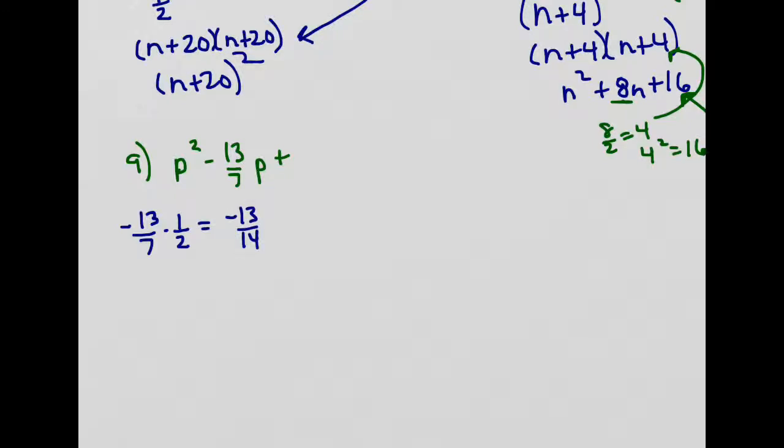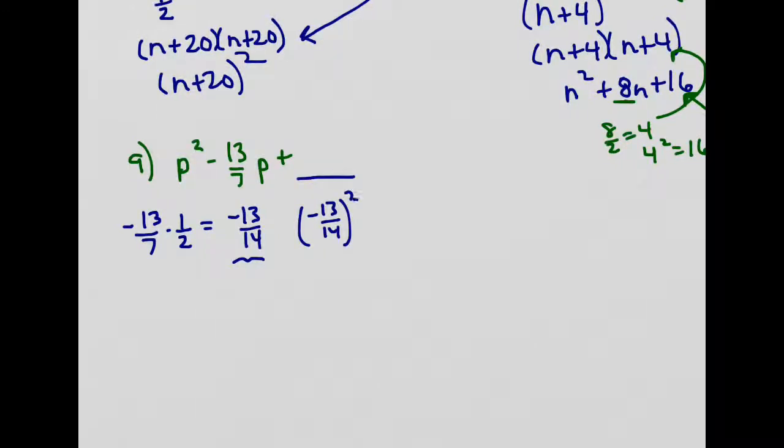So I know this is going to be my factor, so I'm just going to keep it there on the side. But I can't factor it until I've got my constant. So for that, I have to take my negative 13 over 14 and square it, which is going to give me 169 over, I think it's 196, but I'm going to plug it in just to make sure. Yep, over 196. So that's just 13 squared over 14 squared.